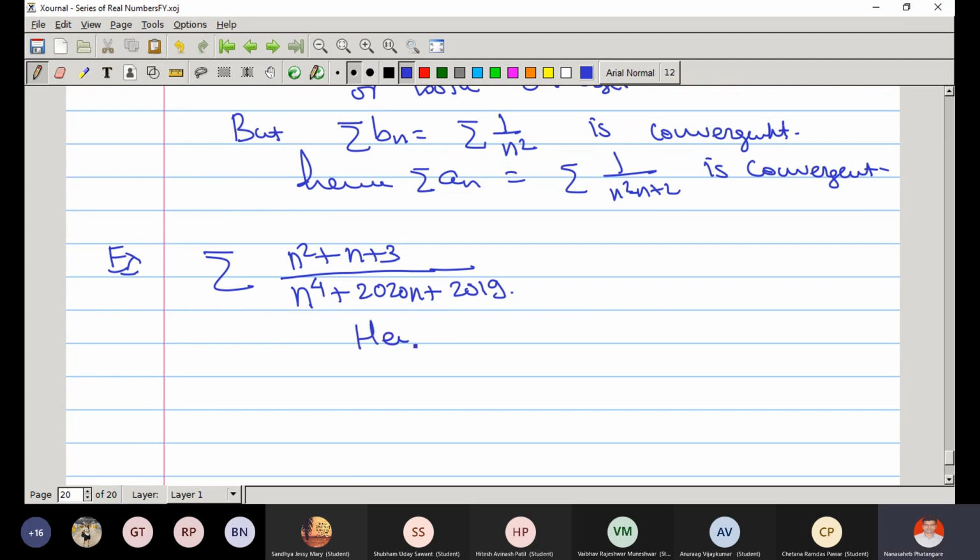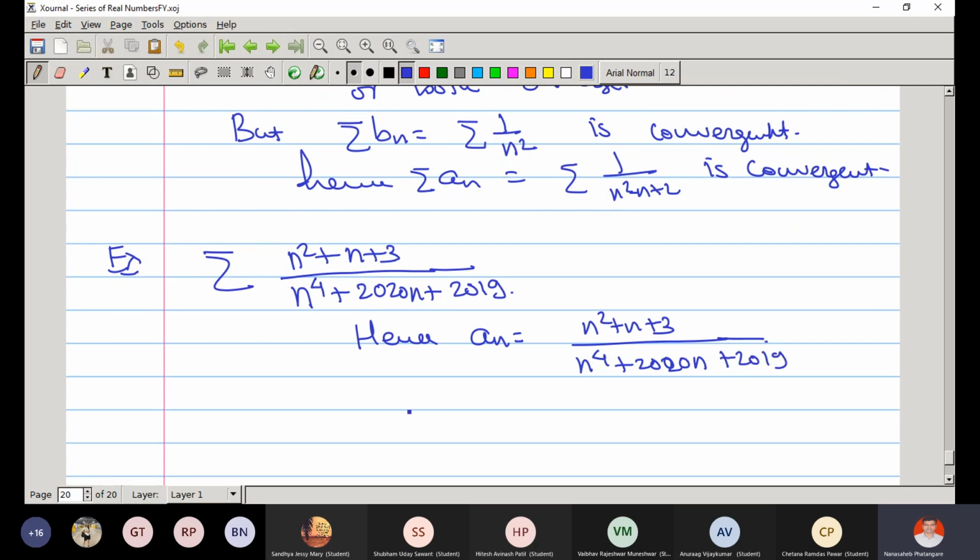Here an is n square plus n plus 3 upon n to the power of 4 plus 2020 n plus 2019.